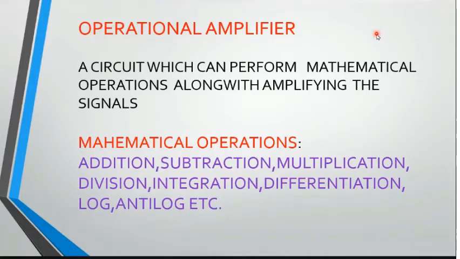So two things have to happen. The operation has to take place. Which operation? Addition has to take place. 1 millivolt plus 3 millivolt should be performed. Along with that, there should be the amplification of the signal also. So there you make use of operational amplifier.